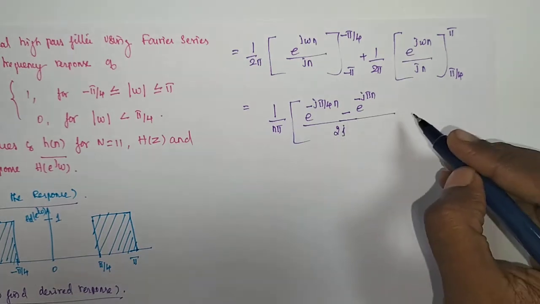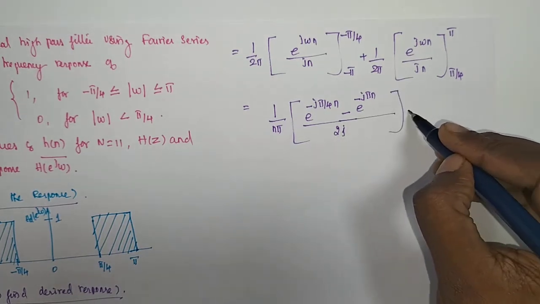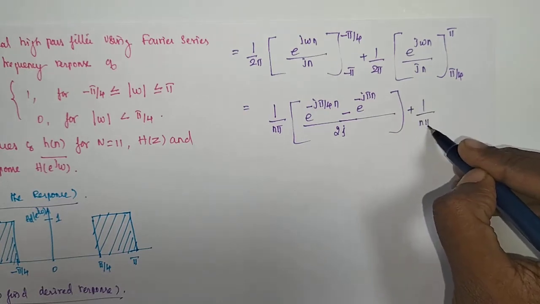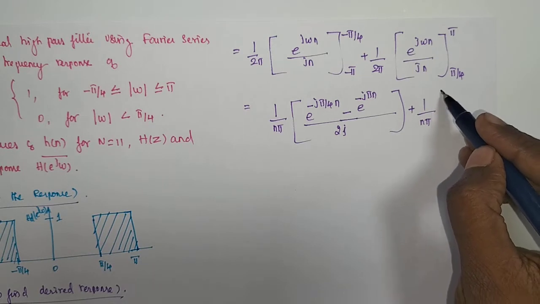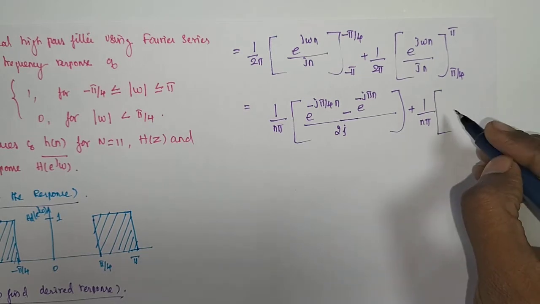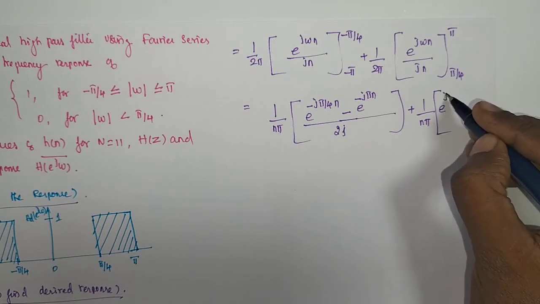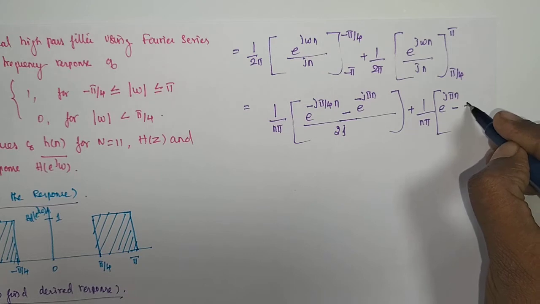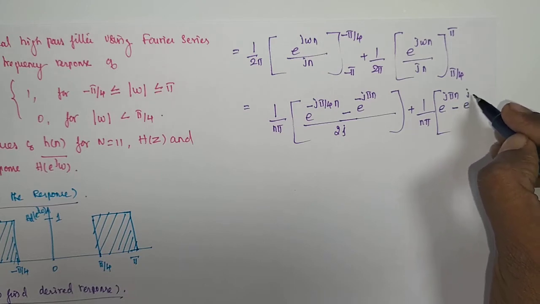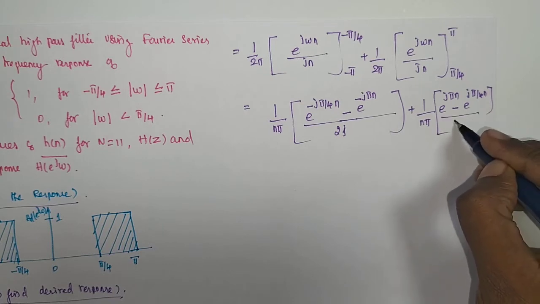I'm getting this here. And similarly for the second term, 1 by n pi times e power j pi n minus e power j pi by 4 n divided by 2j.